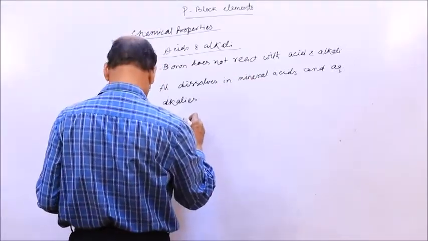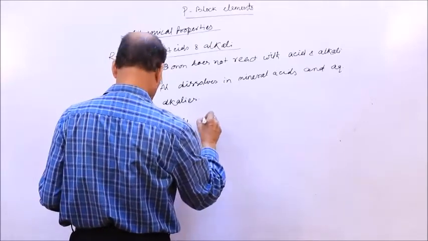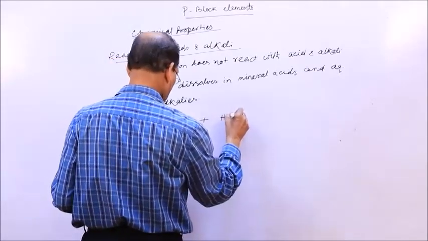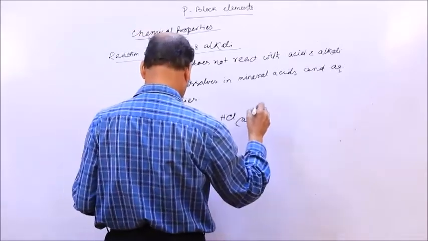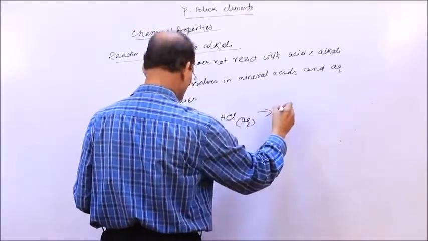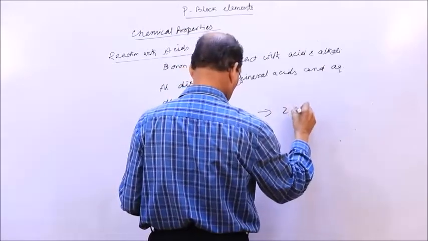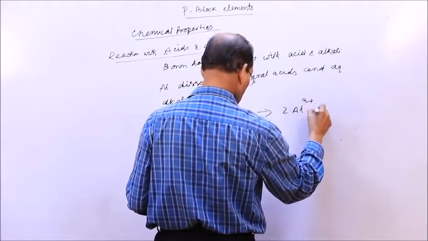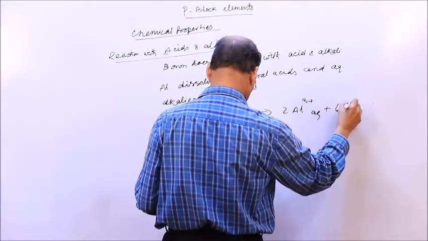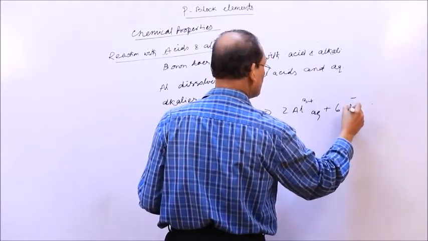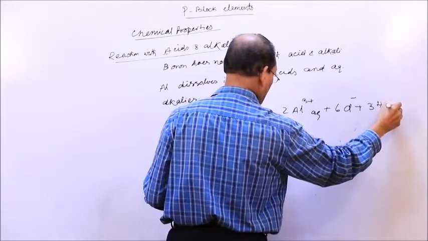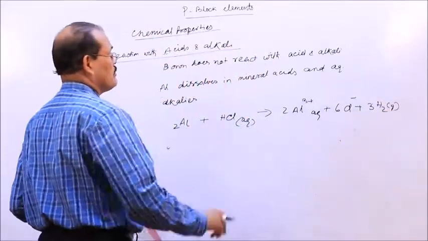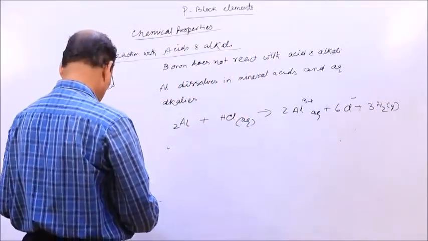So aluminum plus HCl in aqueous medium forms aluminum chloride, and that means it gives hydrogen gas.